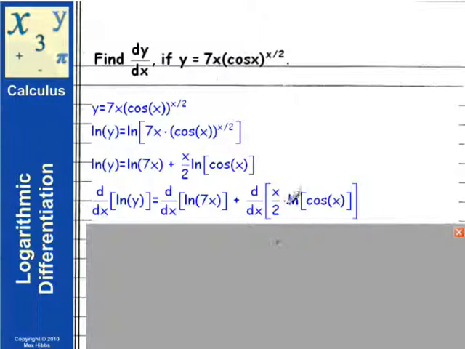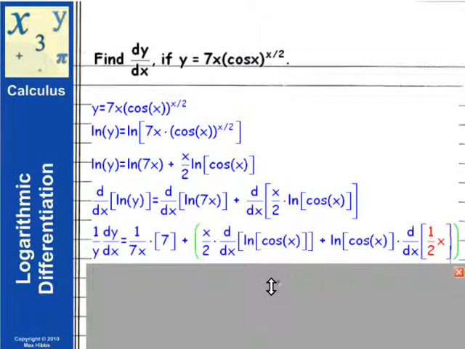Now I've emphasized here in this second term, the derivative is of x over 2 times the logarithm. I put that red times sign in there to recognize that we have a product that we're taking the derivative of. And so to calculate this derivative will require that we use the product rule for derivatives, which I've begun on the next step.